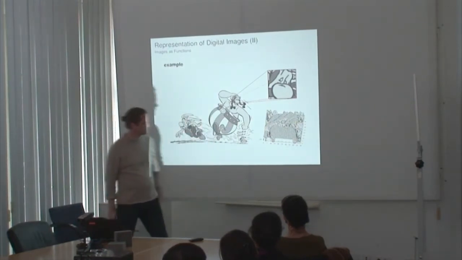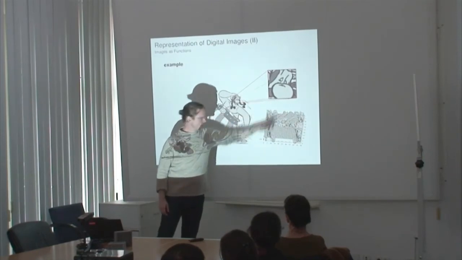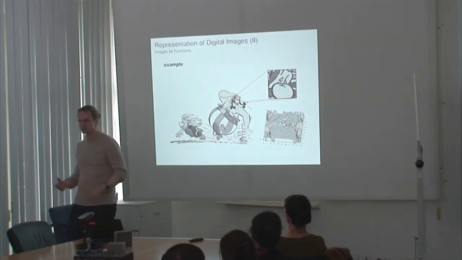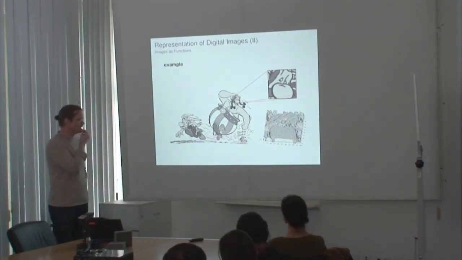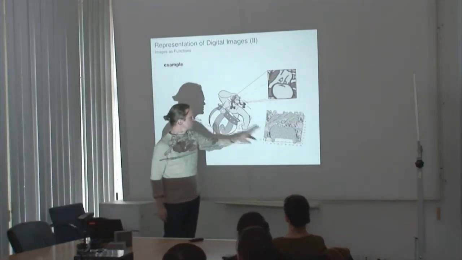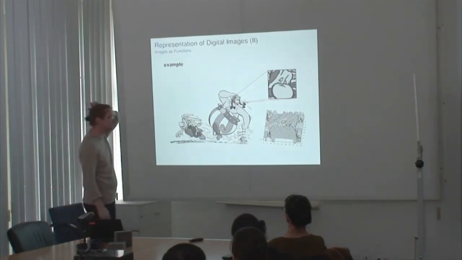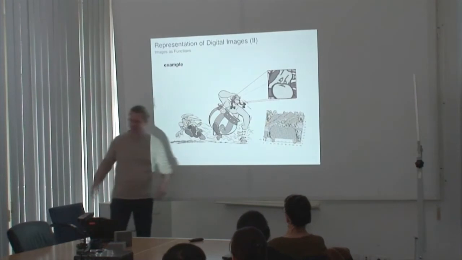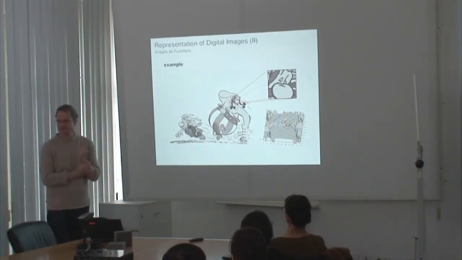Well, in analogy to that, there are areas that are rather dark, which correspond to rather low values of this function. The reason why I confined this to just a small region in this image is that if I had plotted the whole image like that, it would be very difficult to see any details.